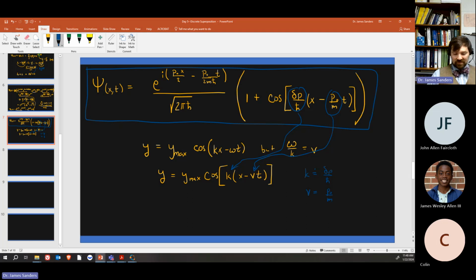Okay, some comments. So our waveform for psi of x comma t contains the expected form that it should be some function of x plus or minus a speed times time.